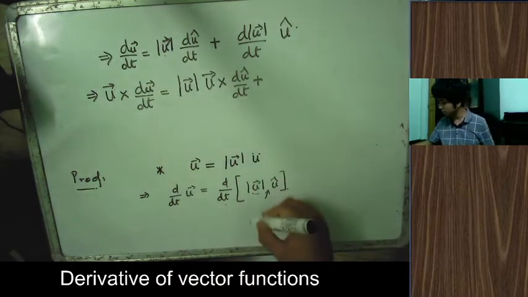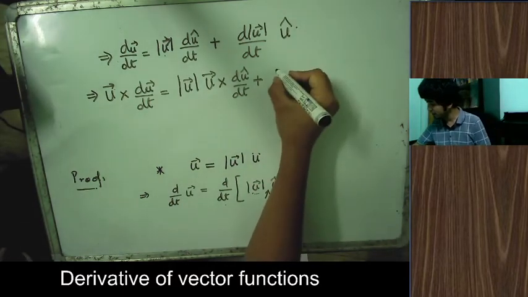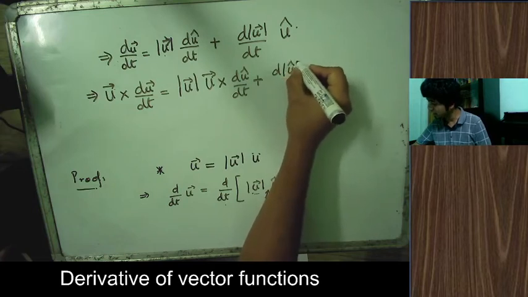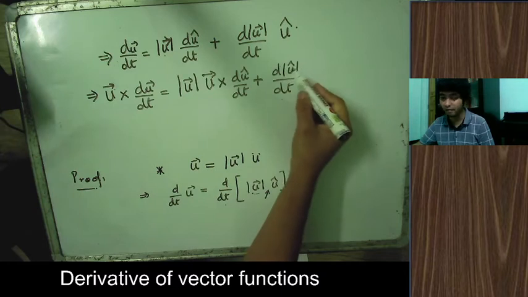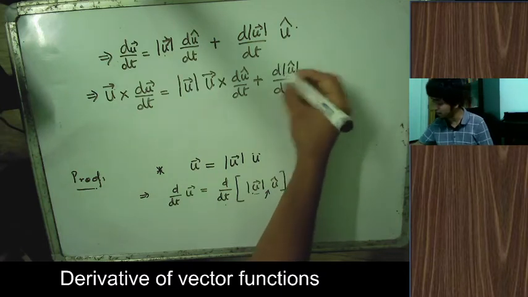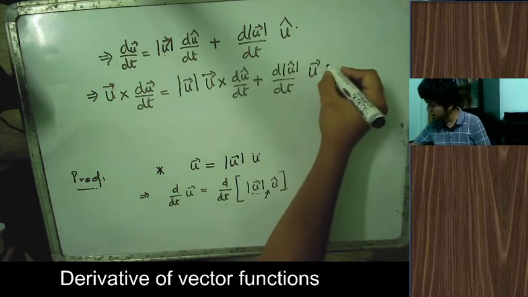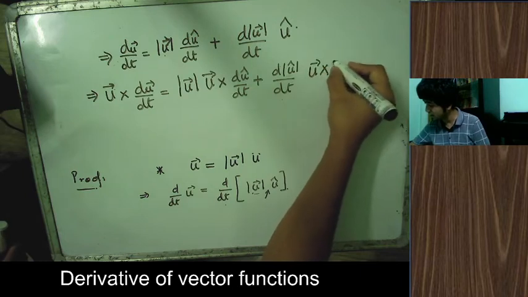Also the du dt term is the derivative of a magnitude, which is a scalar, so you can take it outside.